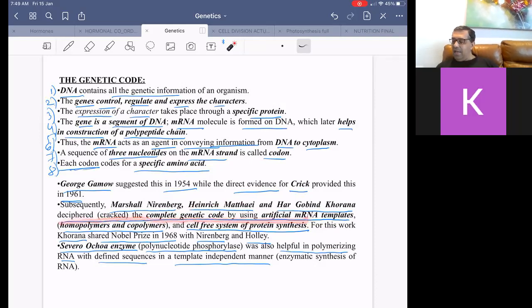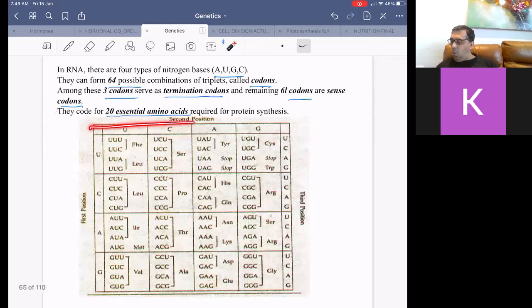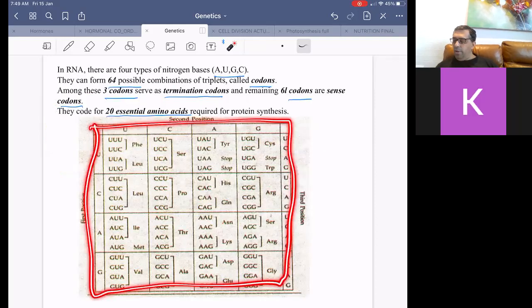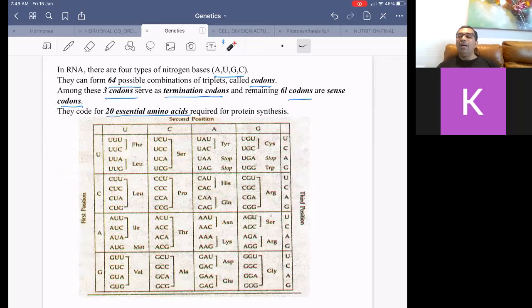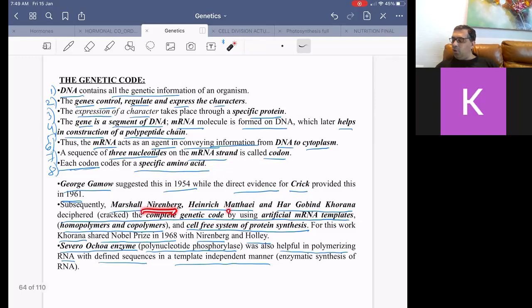They found out which codon codes for which amino acid, using artificial mRNA templates and a cell-free system.